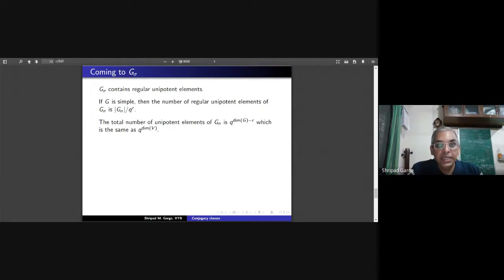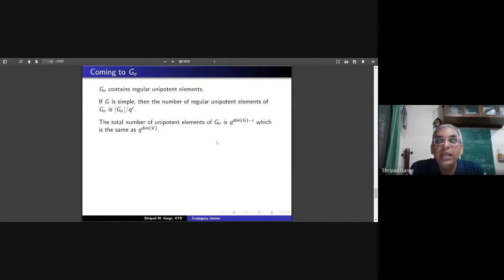And this is again another very interesting statement: if your group G is simple, then the number of regular unipotent elements of G sigma is cardinality of G sigma upon Q power R. This is about the regular unipotent elements.